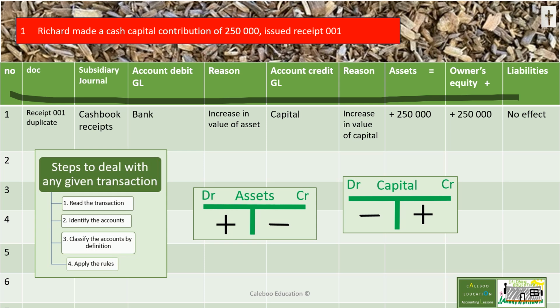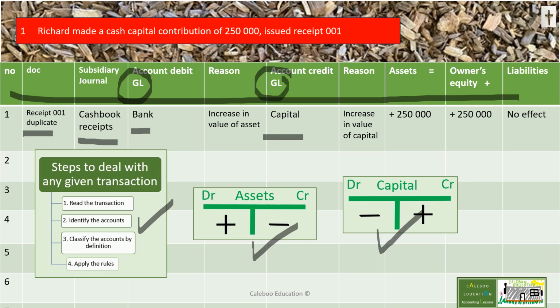So there's the first one. Okay, I've cleaned it up here for you. I read the transaction. I identified the accounts involved. I applied the rules. I filled in which document was used, which journal it was recorded in. In the general ledger, the bank account was debited. In the general ledger, the capital account was credited.